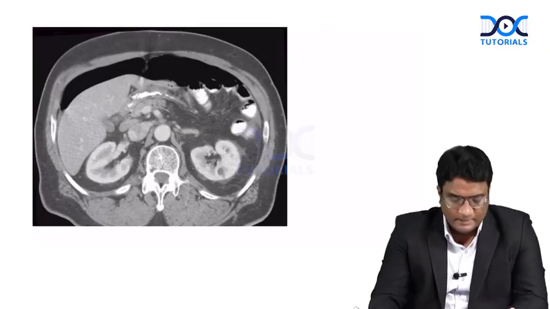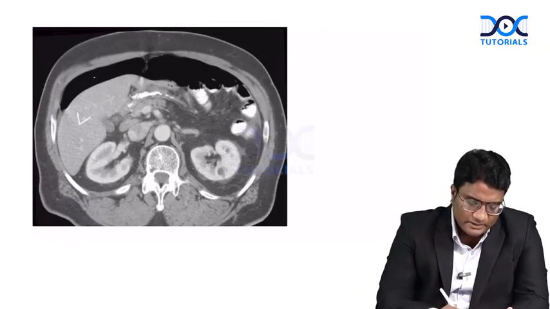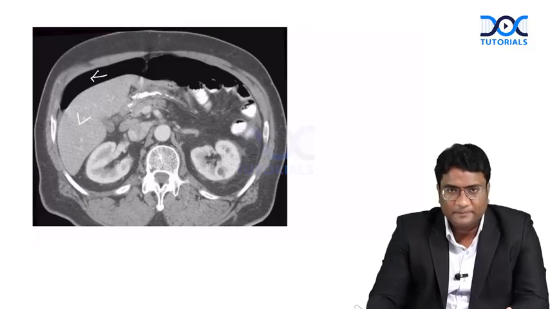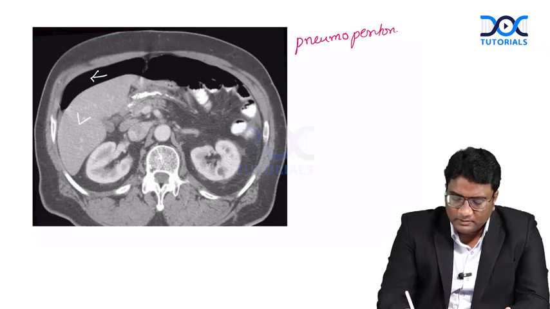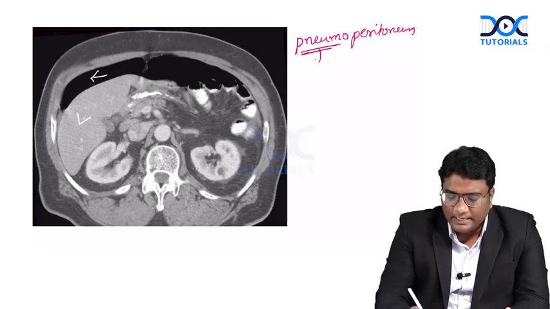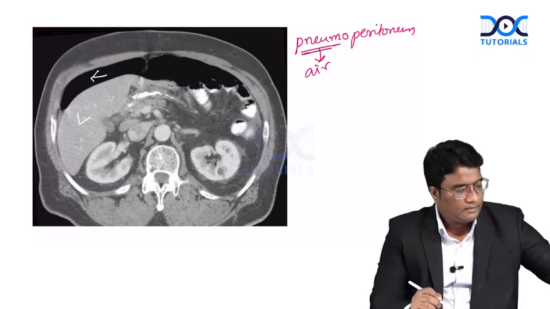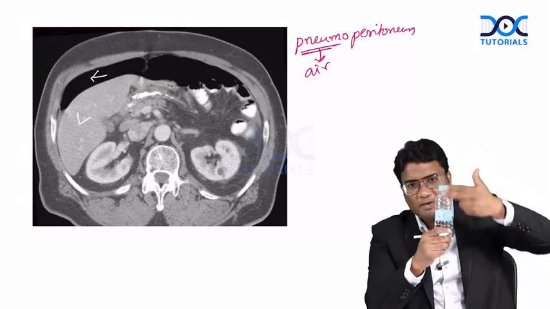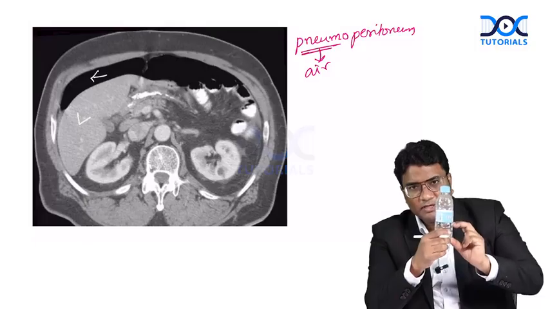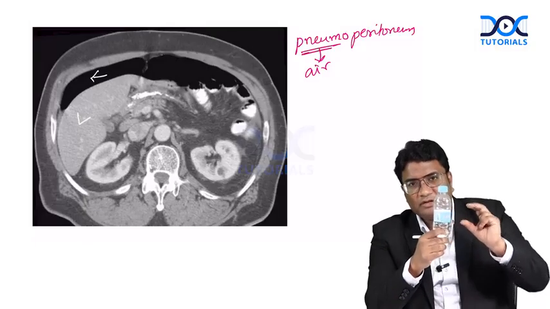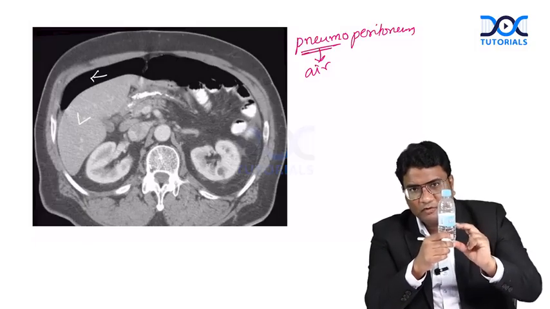Now look at this CT scan. Anterior to the liver, you are seeing a dark area of air there. This is how you see hollow viscus perforation or pneumoperitoneum. Now please remember, air will always come upward, fluid will come downward. So if you are having pleural effusion or empyema, they will usually be on the lower part.